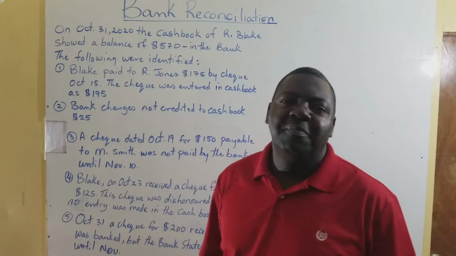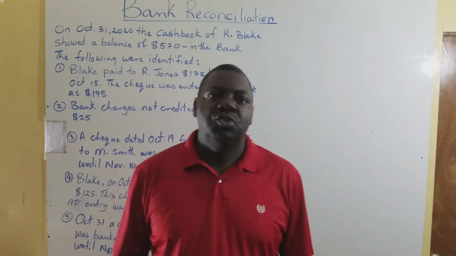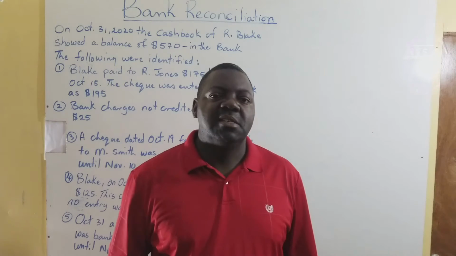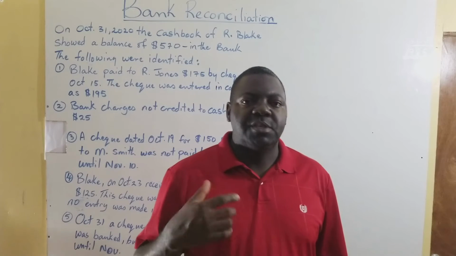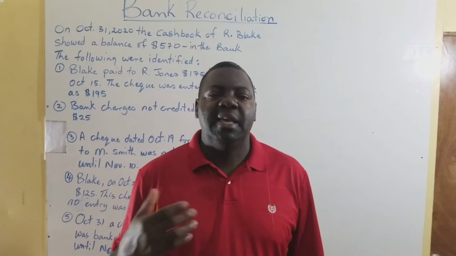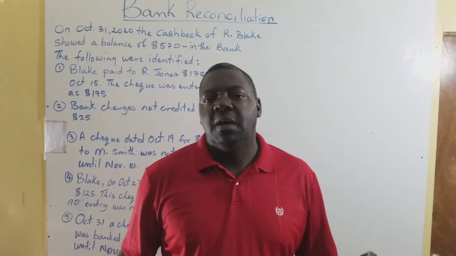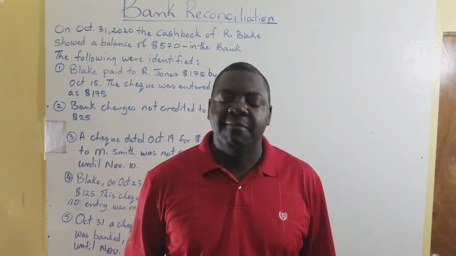We have in our previous bank recon lesson showed you an example, an exercise relating to how to solve that situation with a bank statement and a cash book and working out the adjusted cash book and then the bank reconciliation statement.